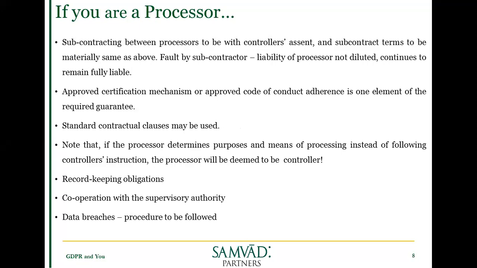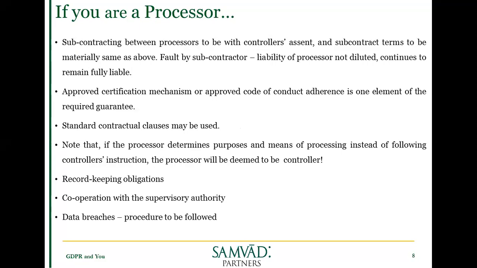Importantly, if the processor is going to be engaging a subcontractor, the same has to be done with the controller's express consent, and the terms of the subcontract must be materially the same as the terms that I've just discussed.